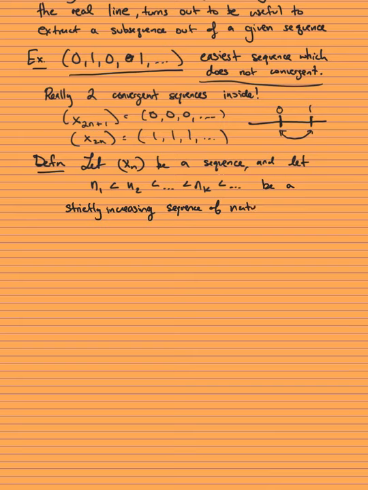I could just say I want an infinite subset of the natural numbers, and that naturally has this ordering. Then I define a new sequence x sub n_k, which is x_{n_1}, x_{n_2}, x_{n_3}, and so on.